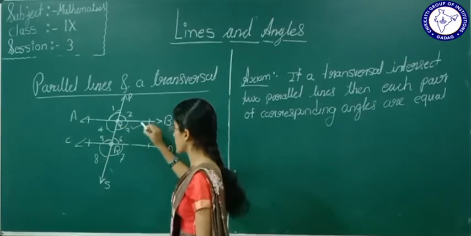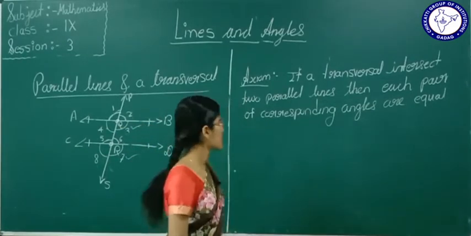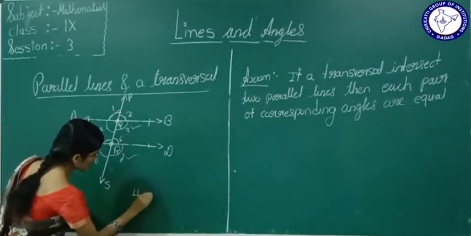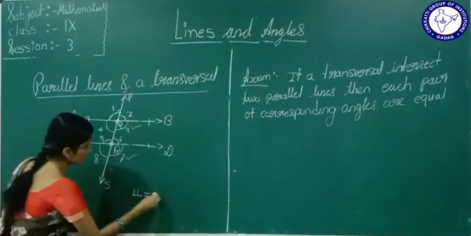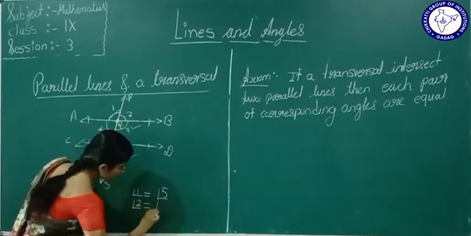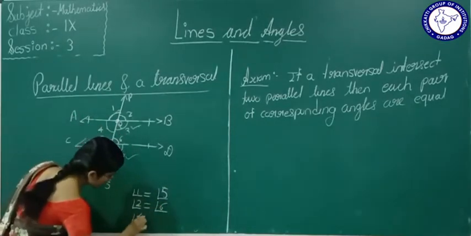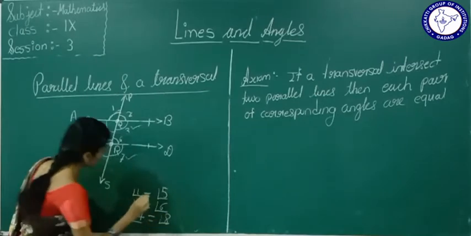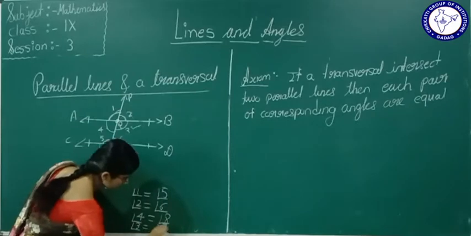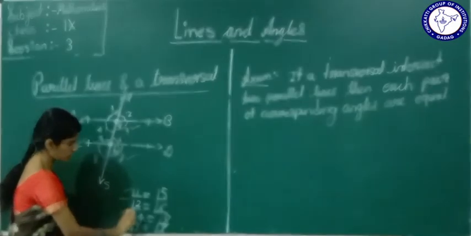Whatever angle 3 is, the same will be angle 7. So what I want to tell you is, angle 1 is equal to angle 5, angle 2 is equal to angle 6, angle 4 is equal to angle 8, angle 3 is equal to angle 7. If you draw like this, these angles are going to be equal.